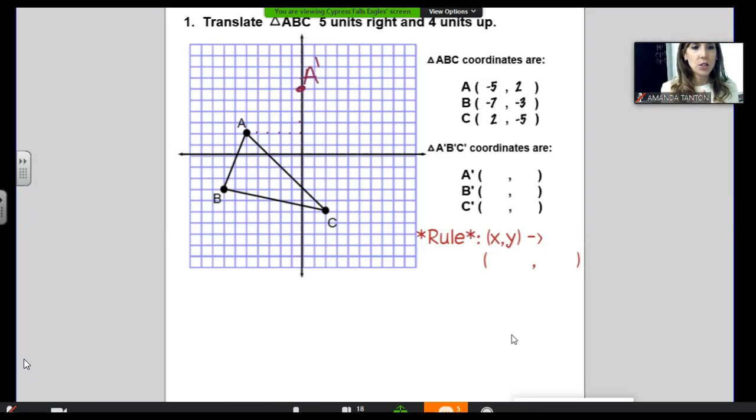But how do these numbers affect our coordinates? We already have been given the coordinates of the vertices of the triangle. Now, what would the new coordinates be, A prime, B prime, C prime, if we wanted to go 5 to the right and 4 up? What are we affecting when we're going 5 to the right?